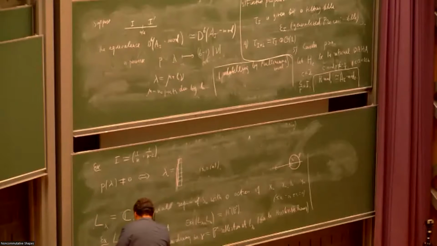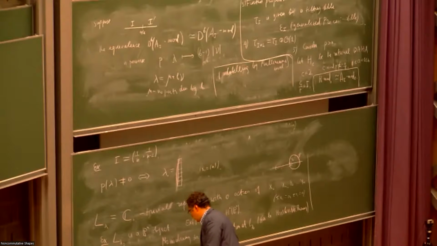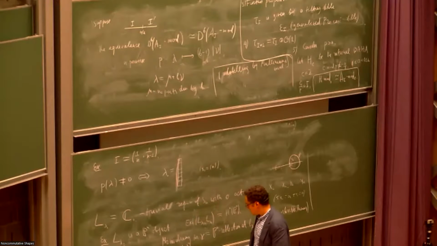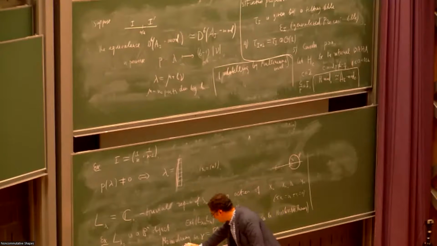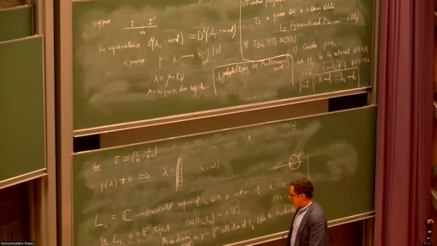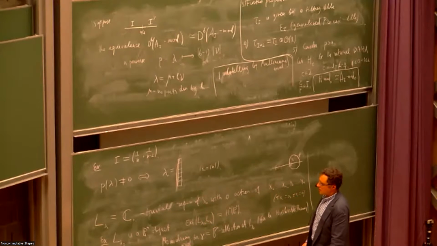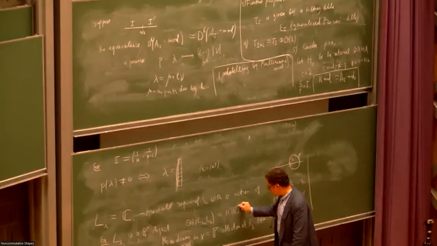It's characterized by the fact that L lambda 0 goes to L lambda 0 shifted by 2n minus 1, to n, sorry. I think it's actually a Pn minus 1 object.